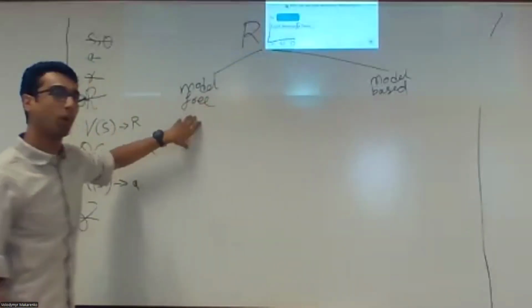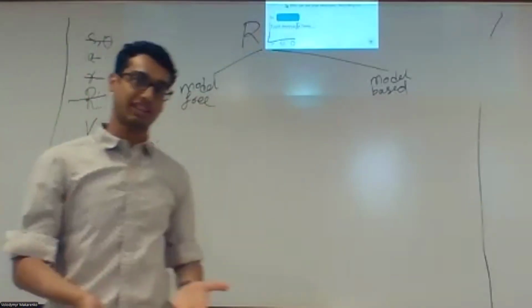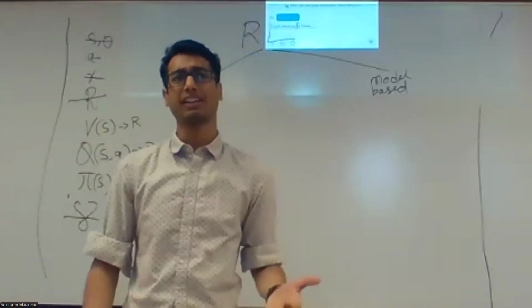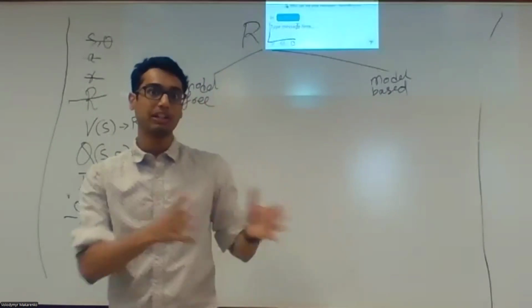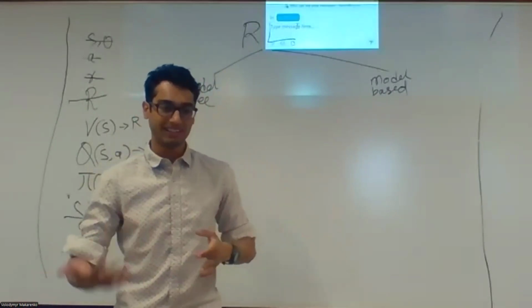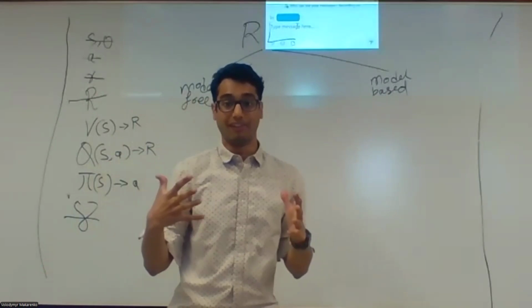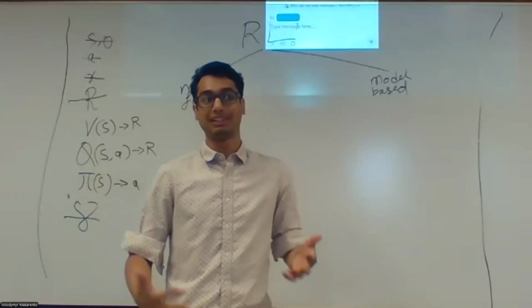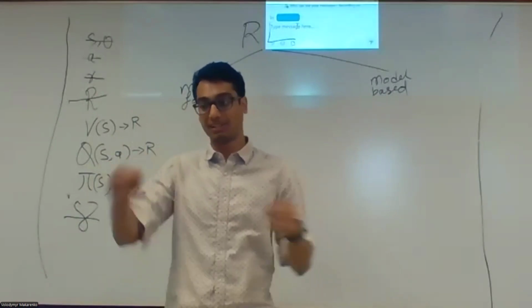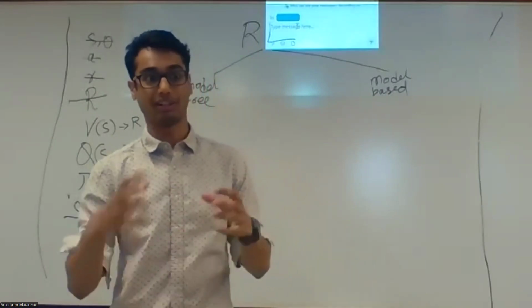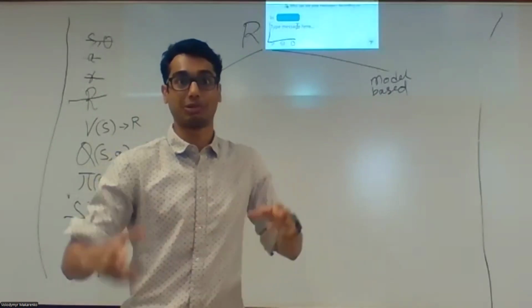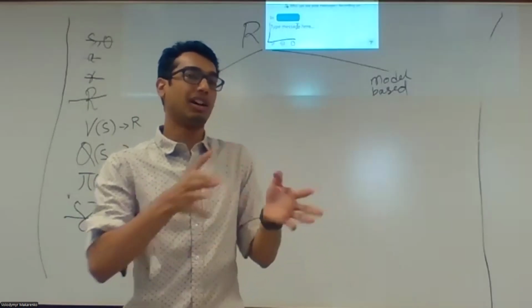Now, if you want to think about model-free, think about riding a cycle. When you're learning to ride a cycle, you just try to learn the right combination of muscle pulls and twitches which will help you ride. You don't run a simulation.